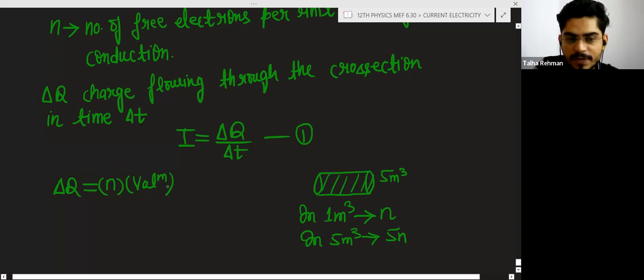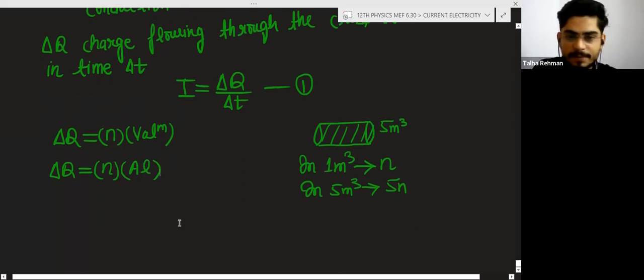Here also I have multiplied volume with n. So this is n number of electrons in a unit volume, and we have calculated volume as area into L.